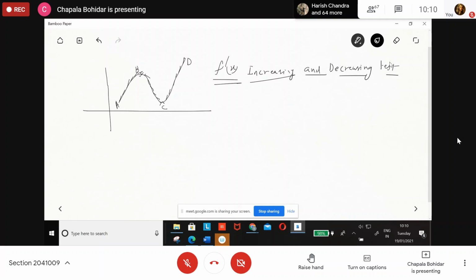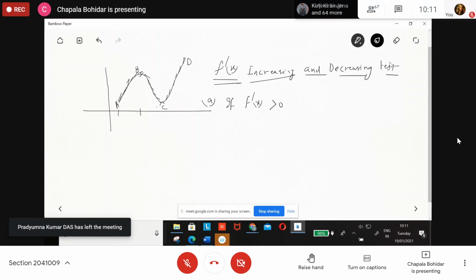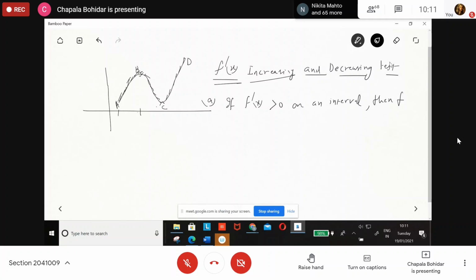A: if f dash x is greater than 0 on an interval, then on this interval you see the slope is greater than 0, it is in the positive direction, then f is increasing on that interval.